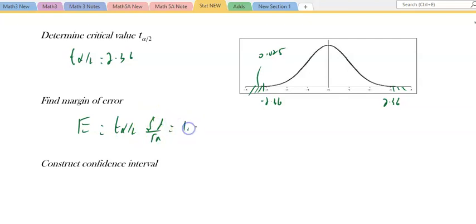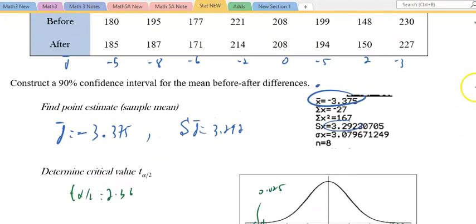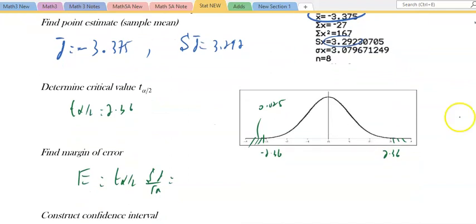Margin of error is really that is 2.36, something's not matching. Okay, I was looking at my notes. Something's not matching this. They do say what the confidence interval is. So this is really not 5%.